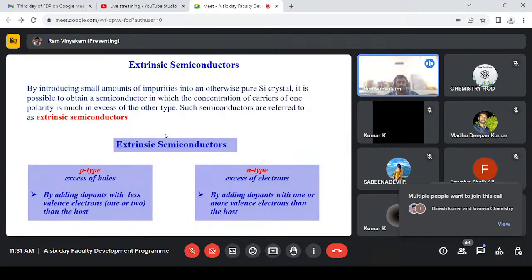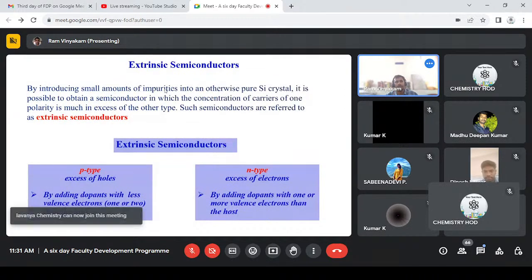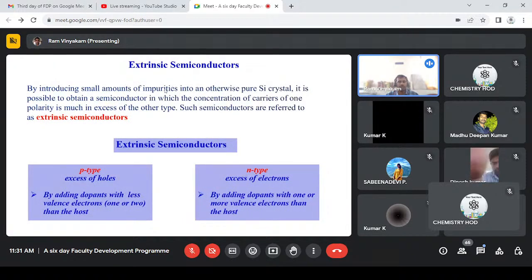Then for applications, we don't have sufficient carriers, though we need semiconductors for electronic applications. The carriers will not be sufficient, so we have to change the number of carriers in the intrinsic. When we do that, we call it extrinsic. When we introduce a foreign substance into the parent silicon or germanium, we say impurities are added, so it becomes extrinsic.